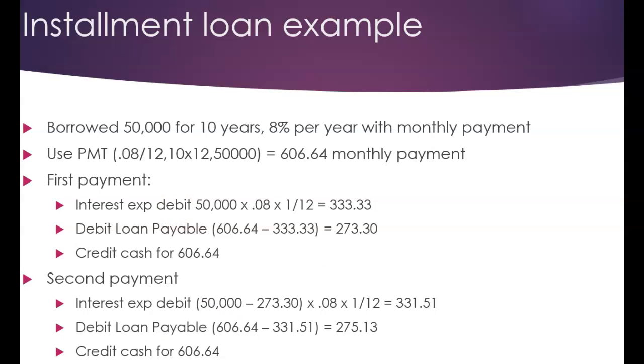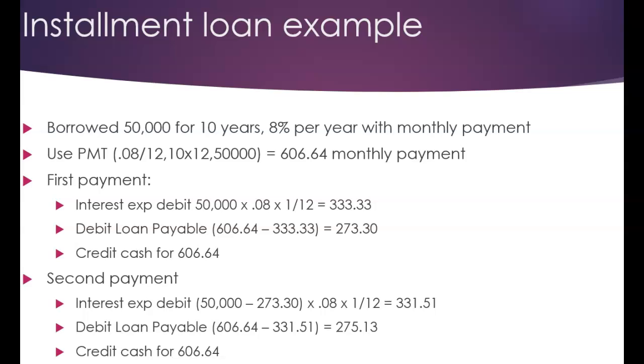When we think about installment loans, the only thing that I think is a little unique is that you'll see one loan amount, $50,000, $10,000, or $100,000, and you'll see a monthly payment, in this case $600. We have to calculate the portion of that payment that applies to both the interest and the principal.